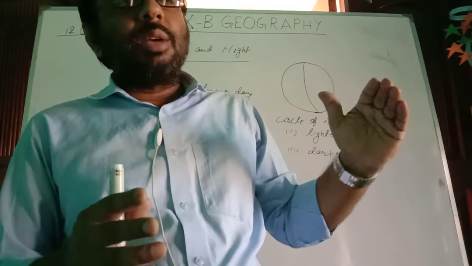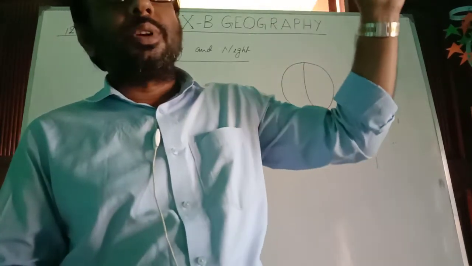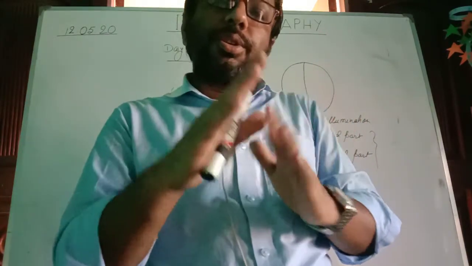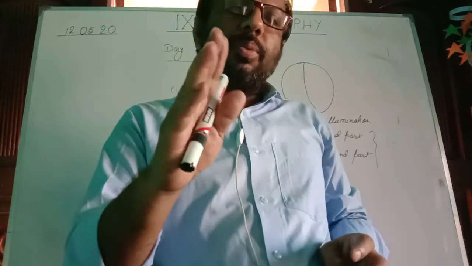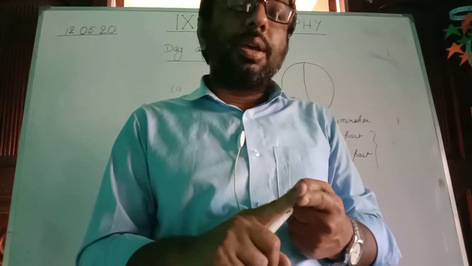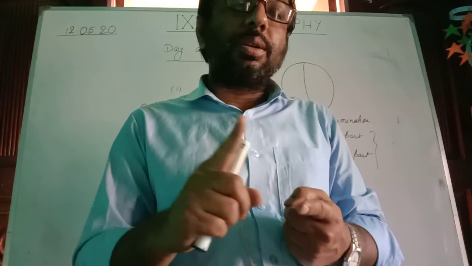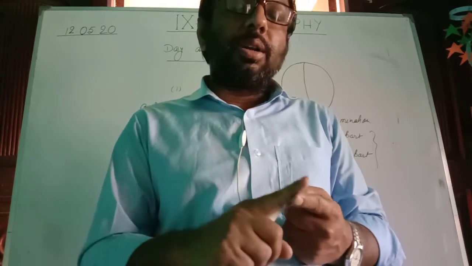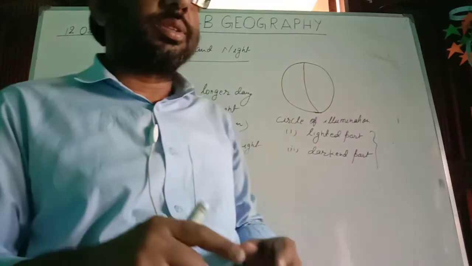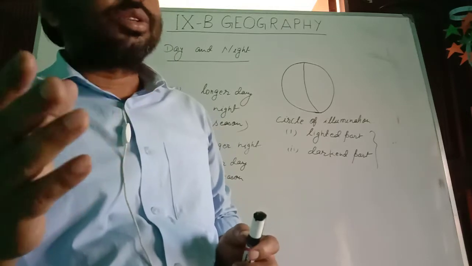When the southern hemisphere is tilted towards the sun, then the northern hemisphere will remain away from the sun. The part away from the sun will experience winter season, and in winter season there will be longer night and shorter day.